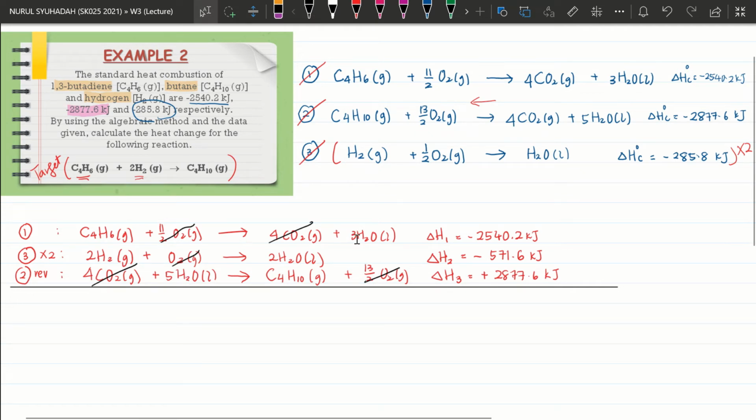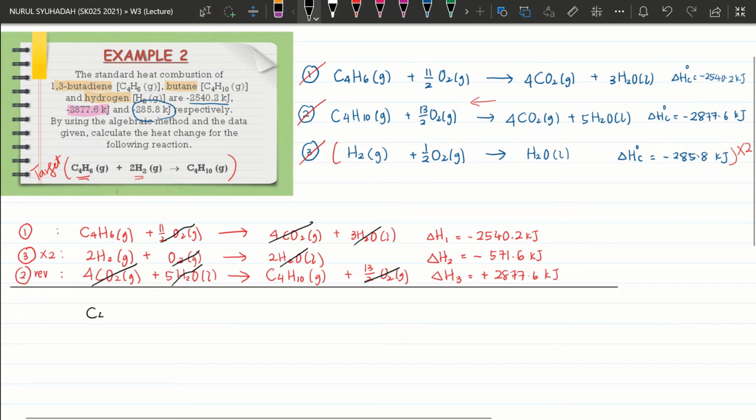On the right hand side, 3H2O with another 2H2O, so 3 plus 2, 5. Since it is 5, we can cancel this. Do we have anything else that we can cancel out? No.